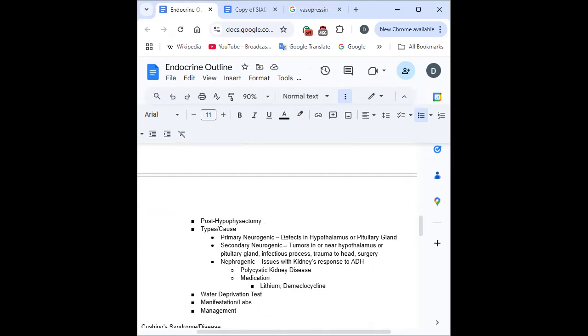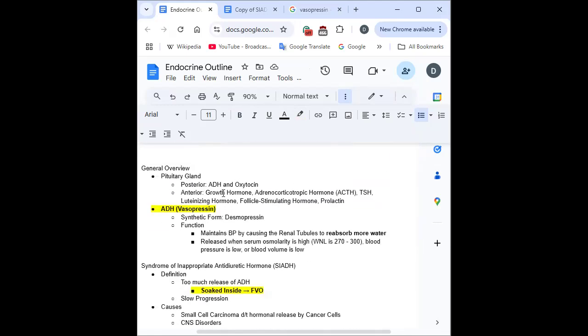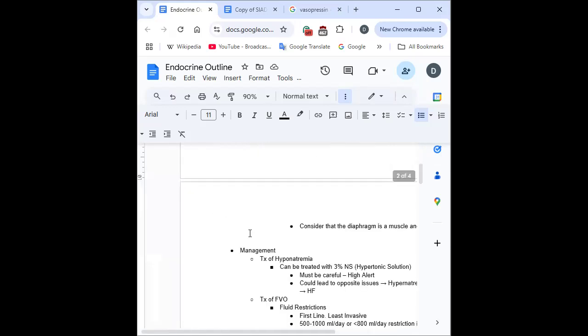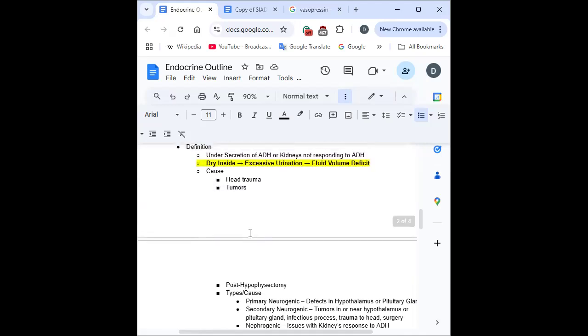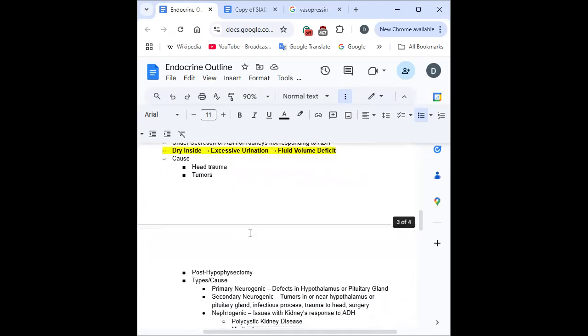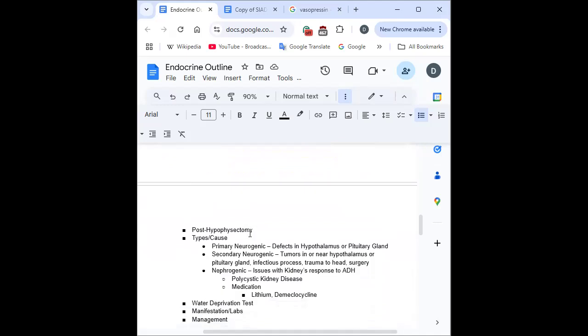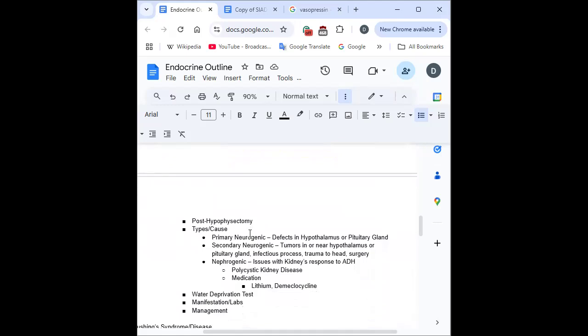The general pathophysiology is that the hypothalamus and the pituitary gland work together for the release of the ADH. The pituitary gland is going to be releasing ADH. The hypothalamus signals the pituitary gland to do so. So if either of them aren't working, then you're going to have issues with your body making ADH.